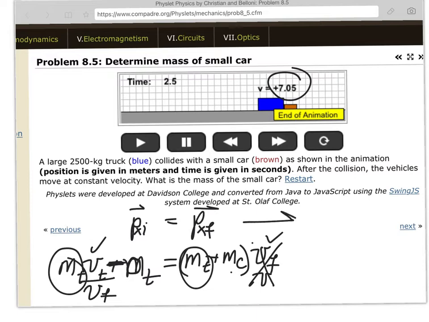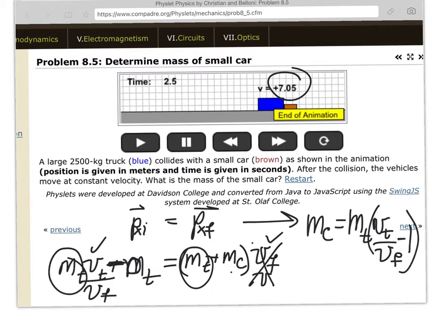Can you see the algebra here? Mass of the car equals the mass of the truck times the initial velocity of the truck divided by the final velocity of both of the things, minus 1.